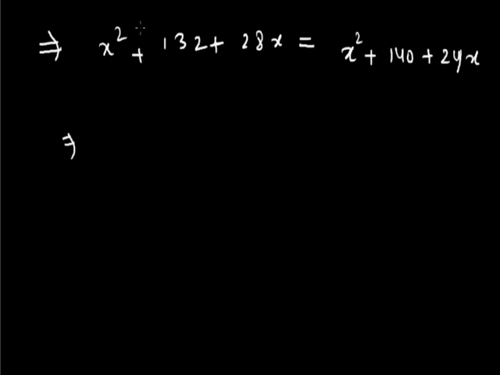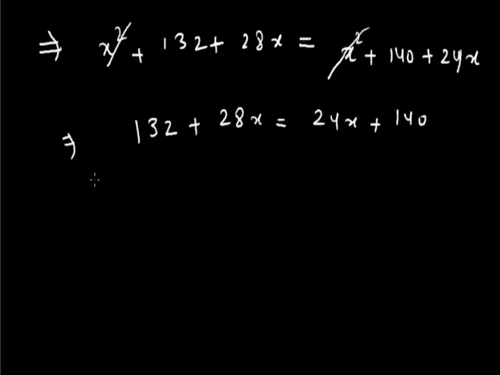Now cancelling the term x square from both the LHS and RHS, I am left with the term 132 plus 28x is equal to 24x plus 140.